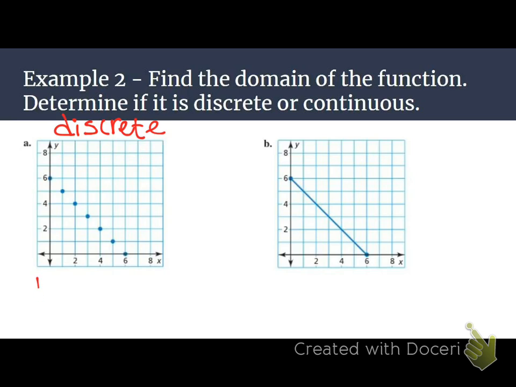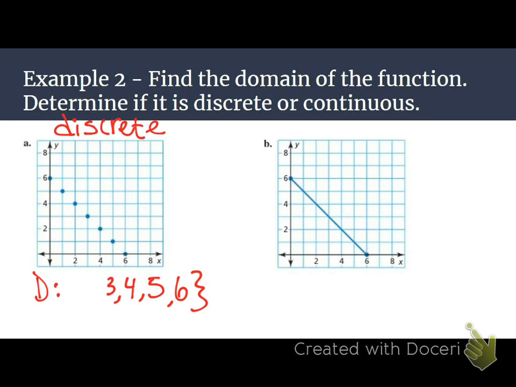And if we list out our domain, it's only going to have certain numbers. What numbers did they use for x? So we can see a point at 6 on our x-axis, so 6 is one of them. Good, so James just listed them all out.